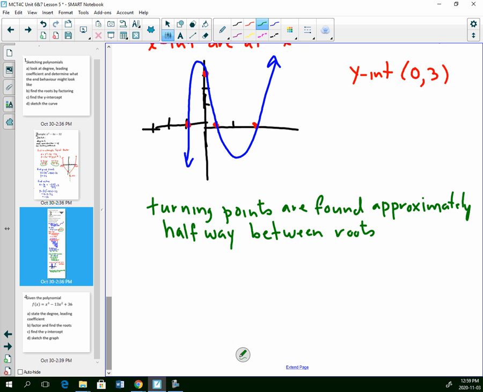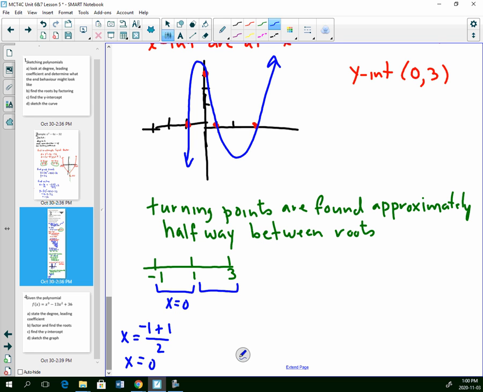Right, so my x-intercepts are at -1, +1, and 3. So one turning point would be halfway between -1 and 1, which would be at 0. And then another one, right, because it would be -1 + 1 divided by 2, which is 0.